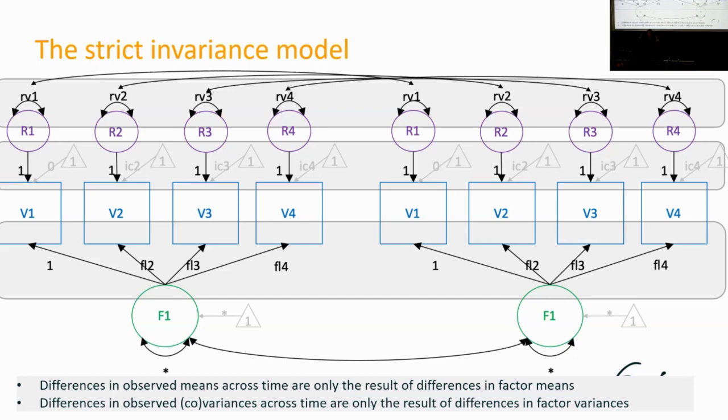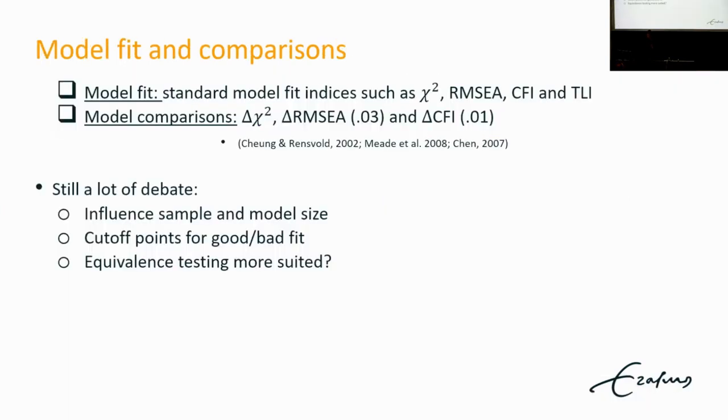So in terms of the measurement model, how we link what we have observed to what is latent, everything is the same across time points. So everything we see as different at the observed level should be the result of something being different at the latent level, which we say is the true level. So then we have reached full longitudinal measurement invariance, strict invariance.